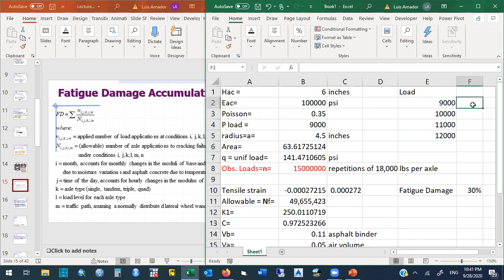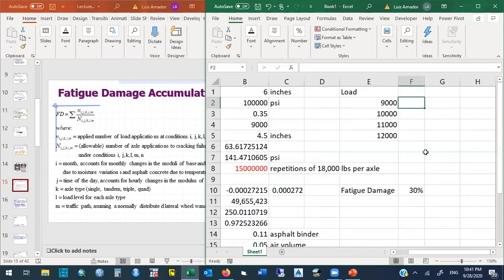And for each of them, you know what is the number of repetitions and what is the number of allowable, right? So for each, you know N, and in this case, my N here was 325,000 for this one. And that gives me an allowable of 49,655 million.